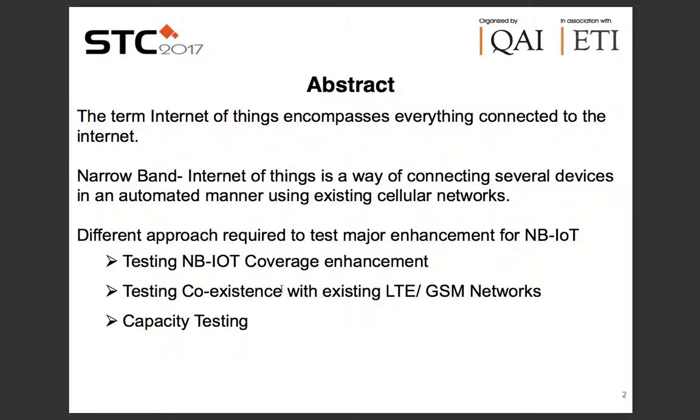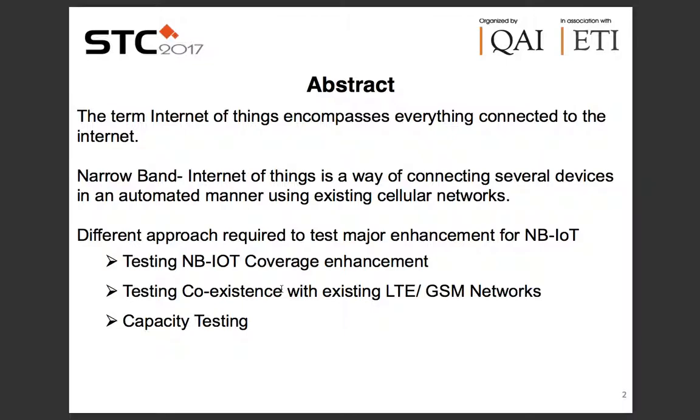So to help meet these requirements, NB-IoT has been developed as a non-backward compatible variant of E-UTRAN, supporting a reduced set of functionalities to limit data rates and support a high number of devices per cell. For this, several enhancements have been made, specifically in the PHY layer, those being coverage enhancements, coexistence with existing LTE and GSM networks, and support for around 50,000 UEs per cell.